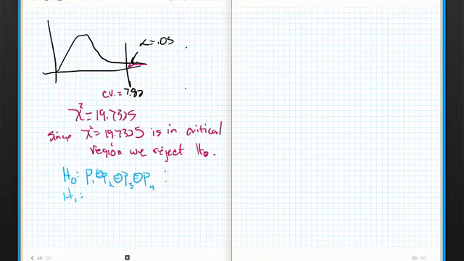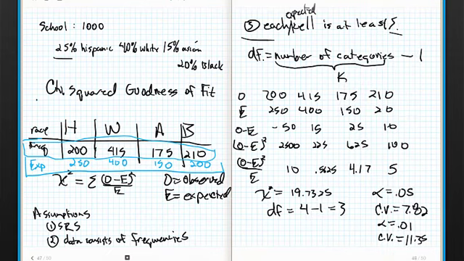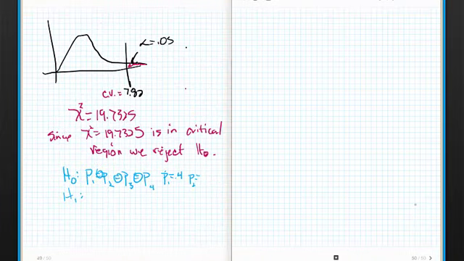I'm really checking to see if P1 is equal to 0.25, P2 is equal to 0.4, P3 is equal to 0.15, and P4 is equal to 0.2.